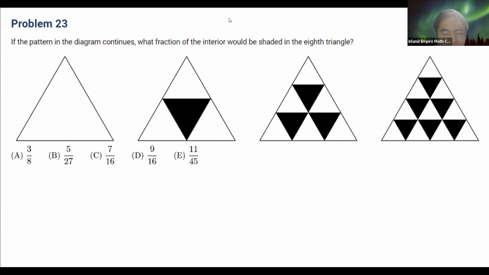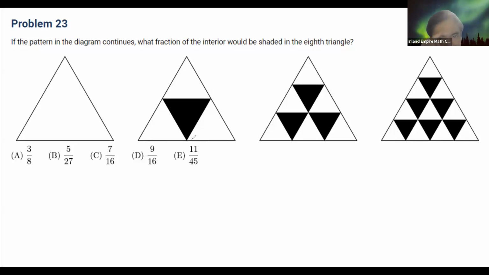Does anyone else have an idea? Maybe, Jasper, maybe. E? Okay, I think we have a lot of differing answers, so I'm just gonna go through these.